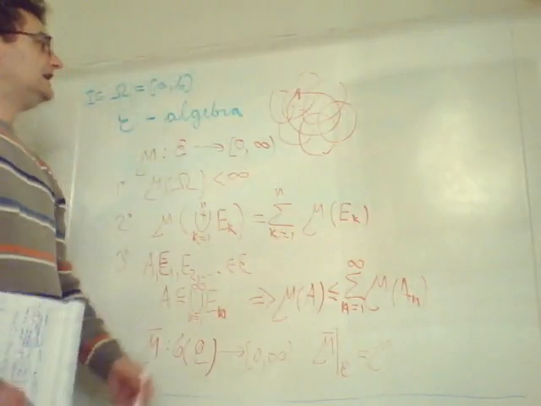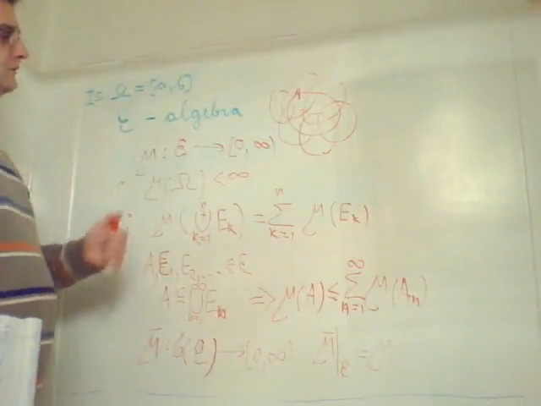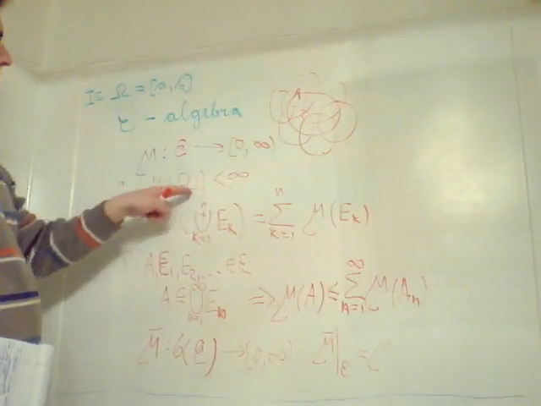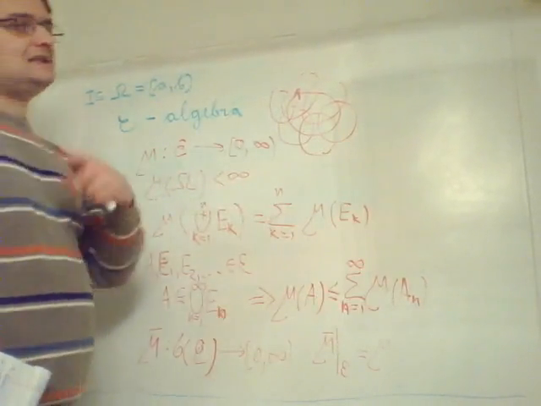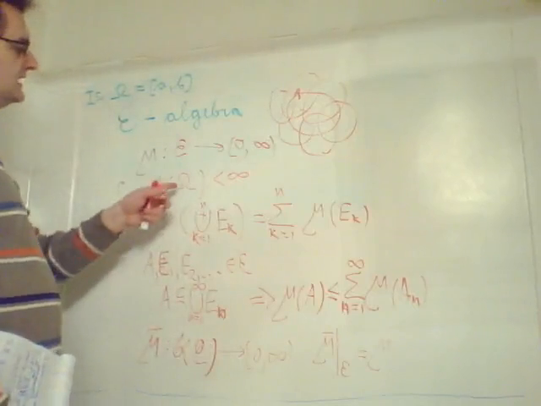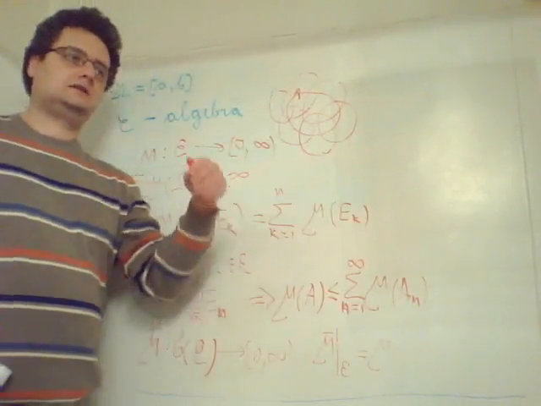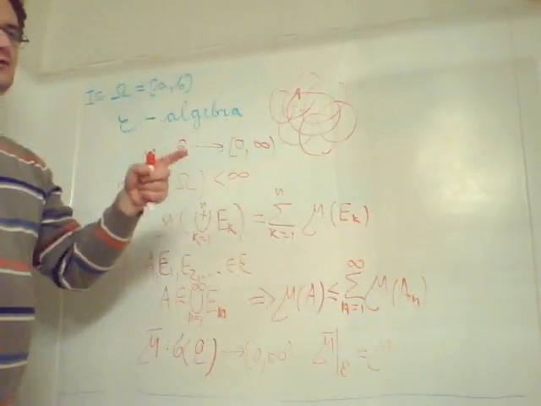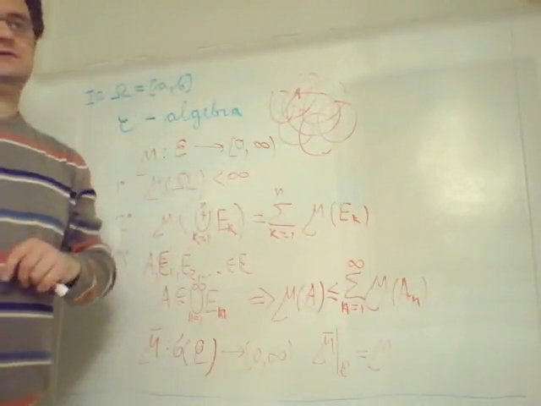In fact, the Carathéodory theorem is a bit more general. We assume here that mu of omega is finite. In fact, it suffices for mu to be sigma finite, which means that you can partition omega as a countable disjoint union of sets whose measures are all finite.